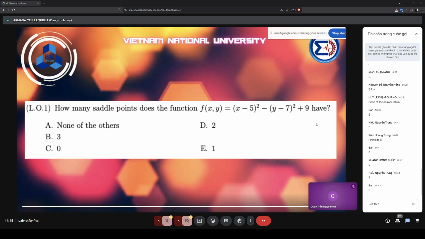Do you want it? Oh my God. Are you done, class? Saddle points?